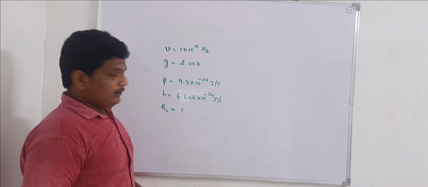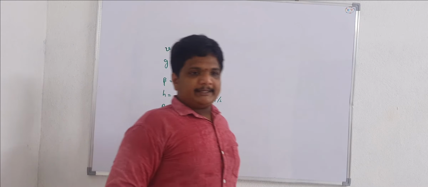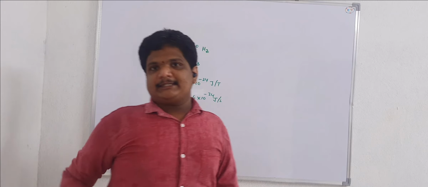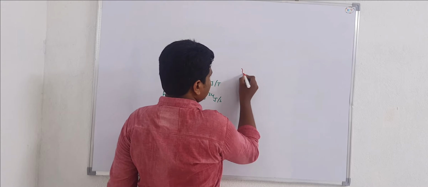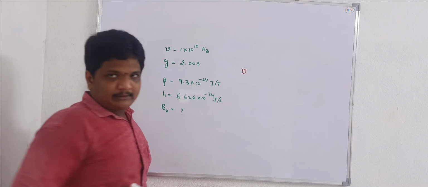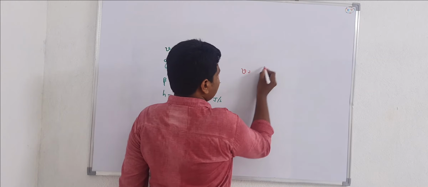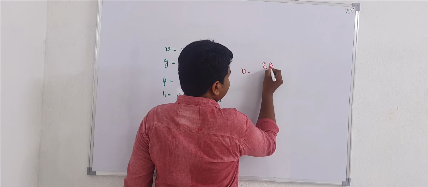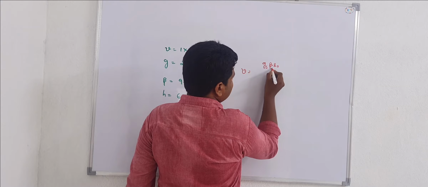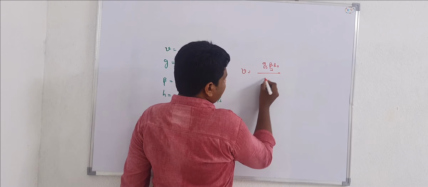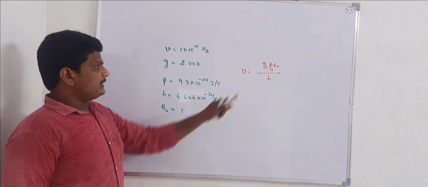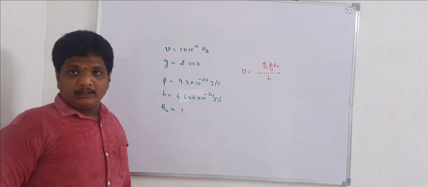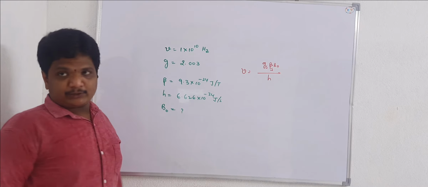From the basic principle of ESR spectroscopy, the frequency of the electromagnetic radiation, nu, is equal to g_s beta B naught by h. This is the formula for the frequency of the electromagnetic radiation in ESR spectroscopy.